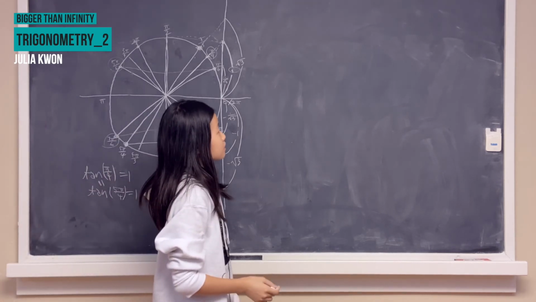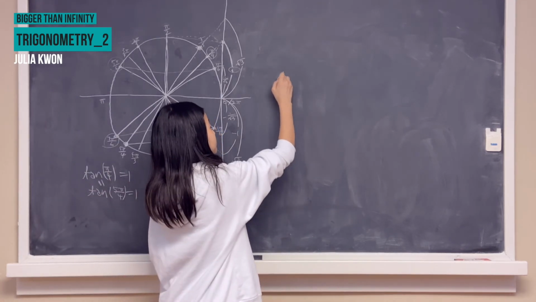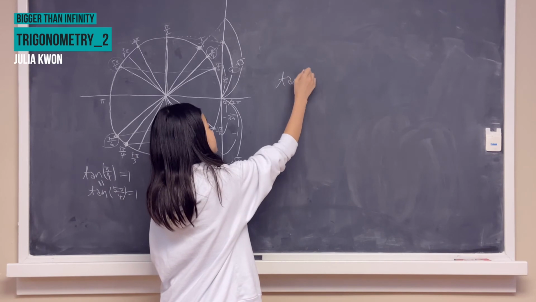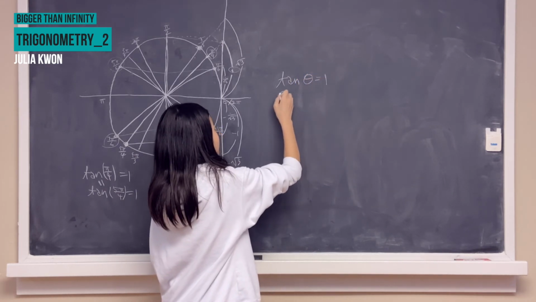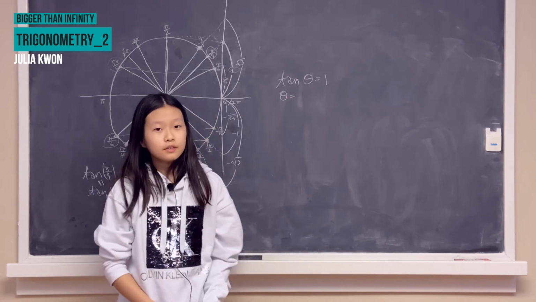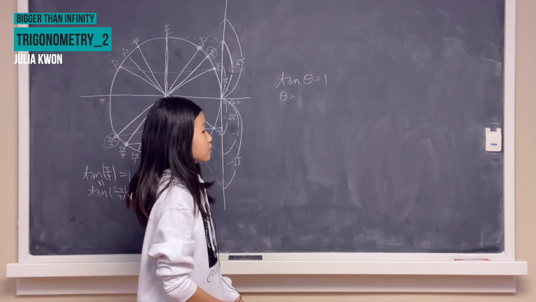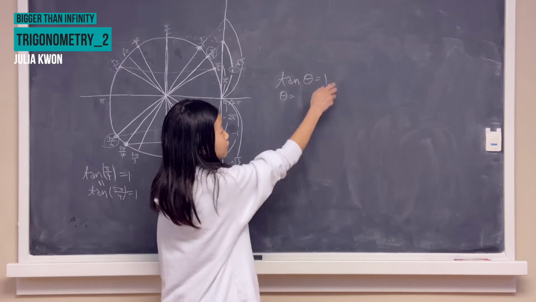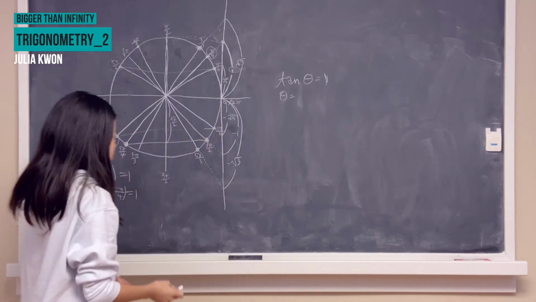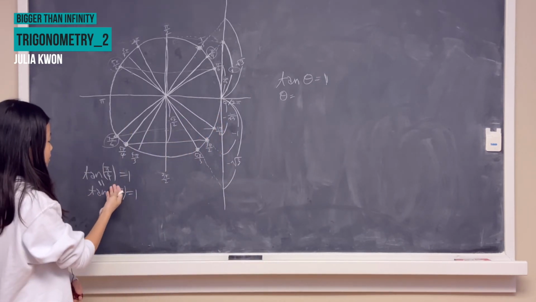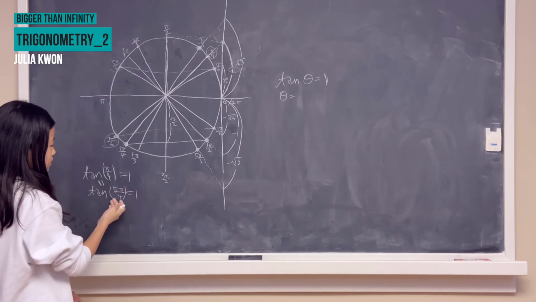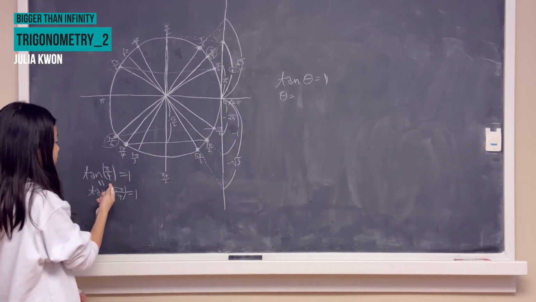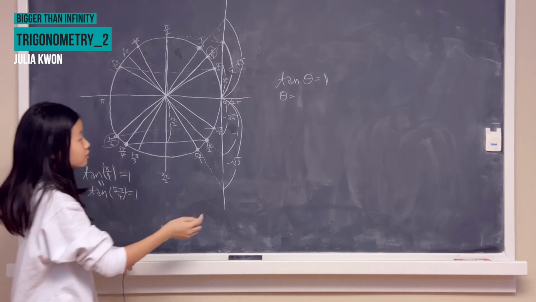So if we have tangent theta equals 1, then what are the 2 radians that are equal to the theta? Well, this one's easy since I just did it here. And so we know that the theta can be pi over 4 and 5 pi over 4.